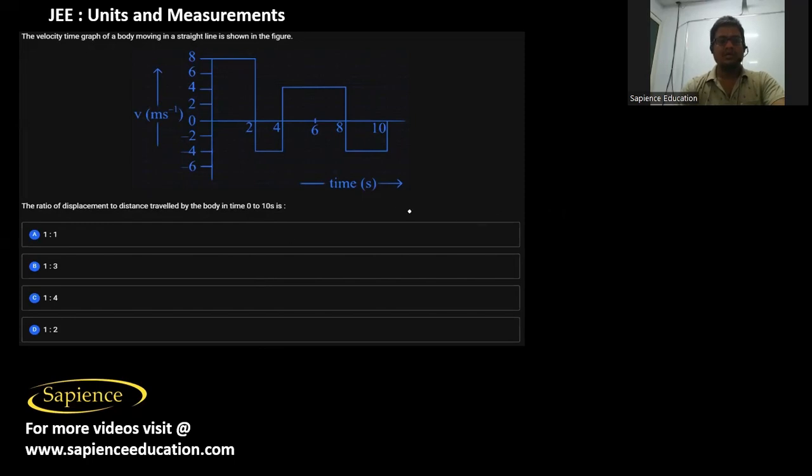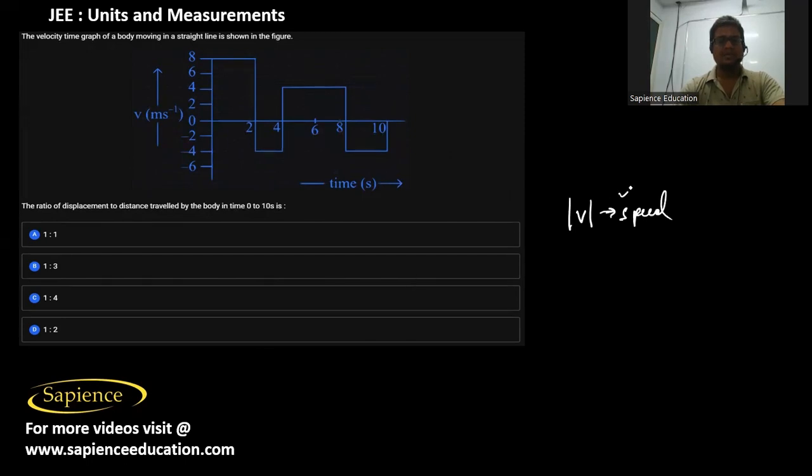So as you know, area under velocity time graph will give us the displacement, and if we take the magnitude of velocity, then we will get the speed, then we will have the speed time graph.